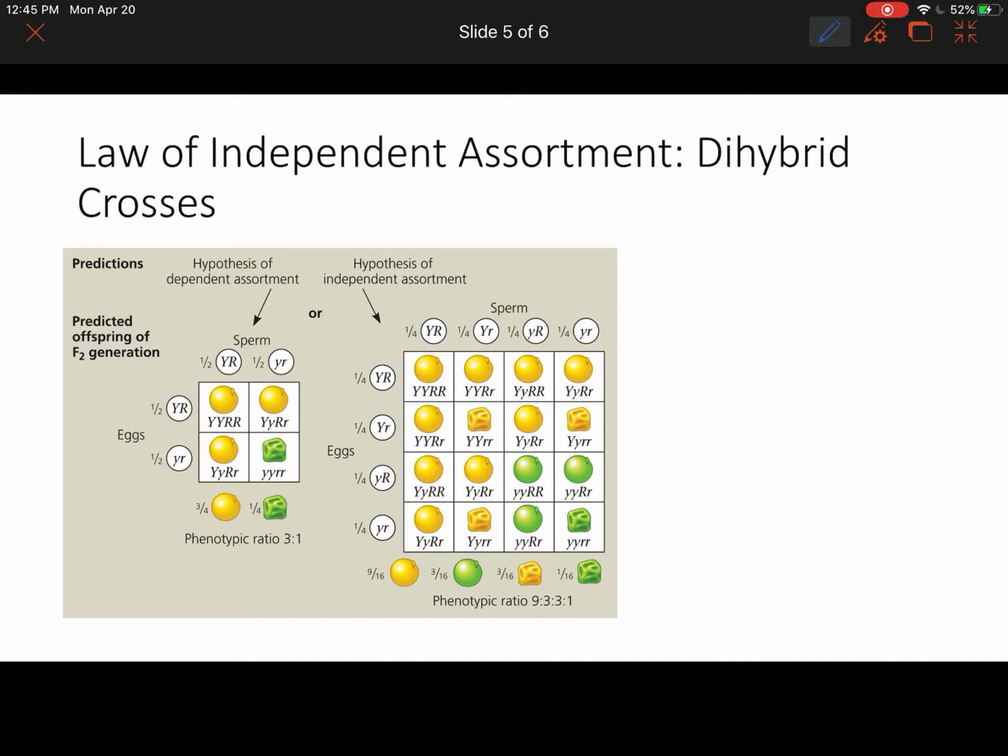Okay, so again, starting with true breeding varieties of each parent, yellow round times green wrinkled. Now remember, you use the same letter for each trait.